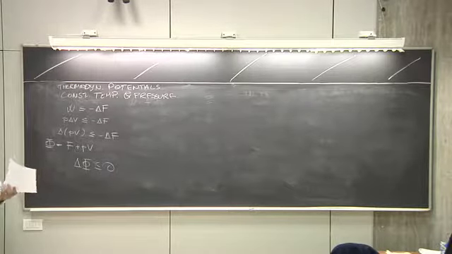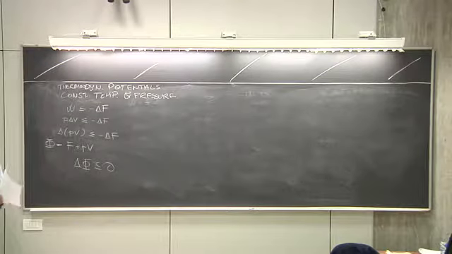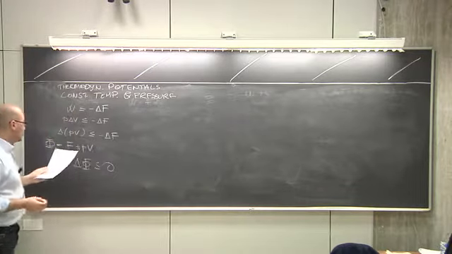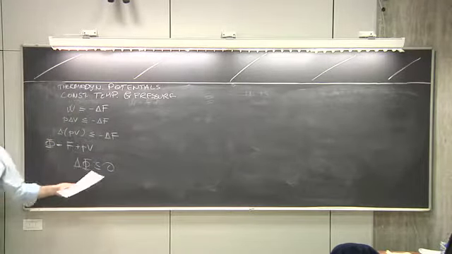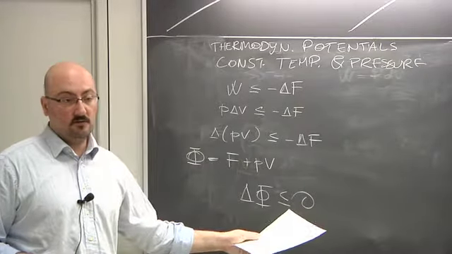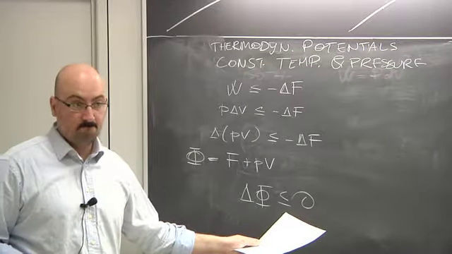For example, when we talk about solids or liquids, it's very difficult to keep the volume constant because the compressibility of a solid is very small. So you have to apply a large force. So it's better to talk about constant pressure. This thermodynamic potential has to decrease in transformations which are irreversible or is equal to 0 if the transformation is reversible.